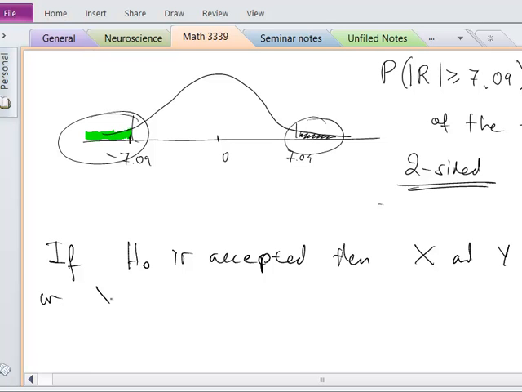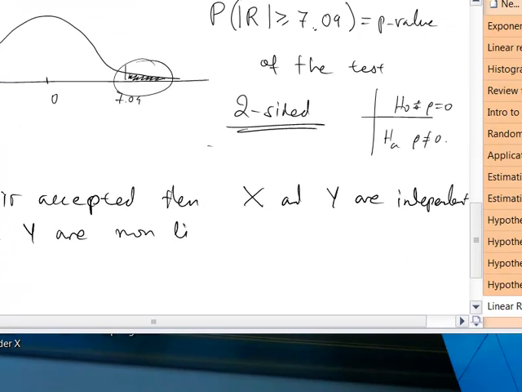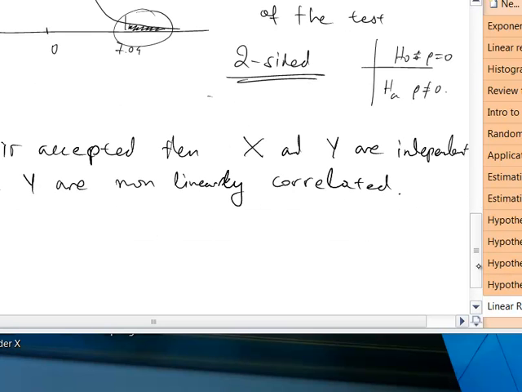Or we say that x and y are not linearly correlated. Either expression means exactly the same thing, but I prefer for you to know this particular one. This is the only case where a zero correlation coefficient implies independence.